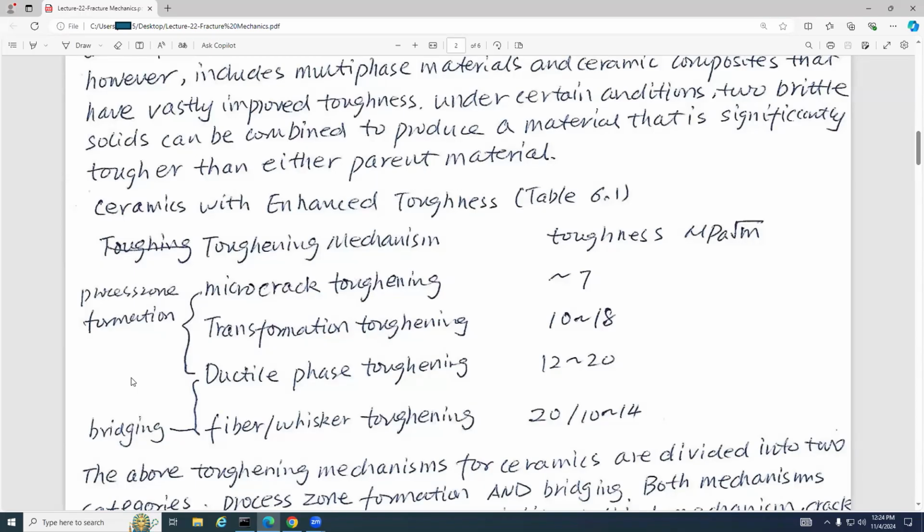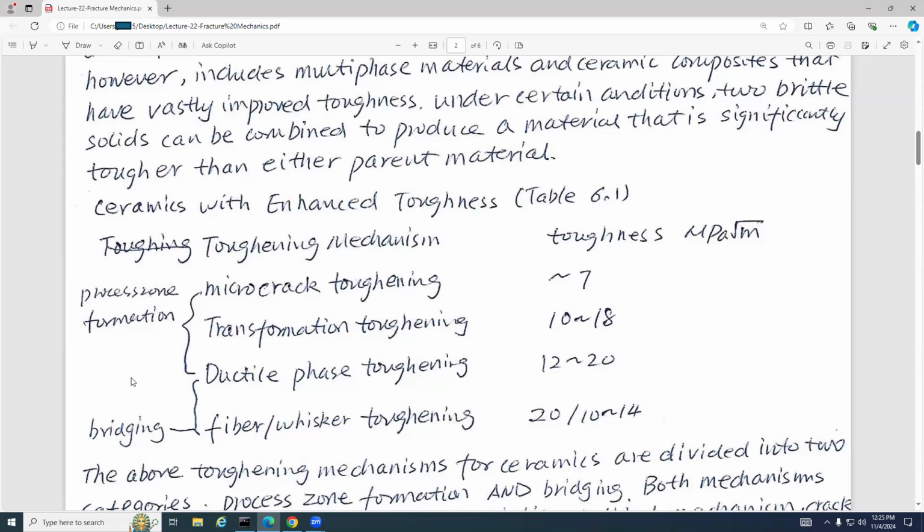The third one is ductile phase toughening. As the name suggests, we put something ductile, some particles, in front of and around the crack tip to accomplish the enhanced toughening. So this is the first category.